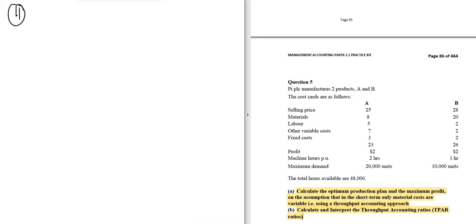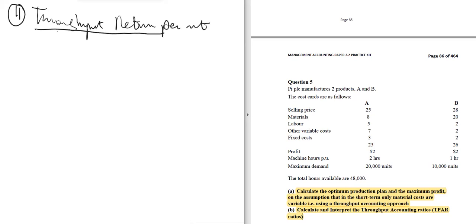So that's step 2. Calculate your throughput return per unit. I'm going to do 2 approaches. You can do the normal limiting factor approach, which is getting your throughput return where material is the only variable cost, or you can calculate your throughput accounting ratio.